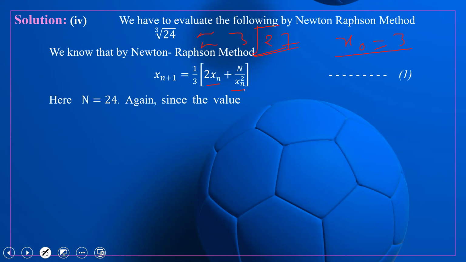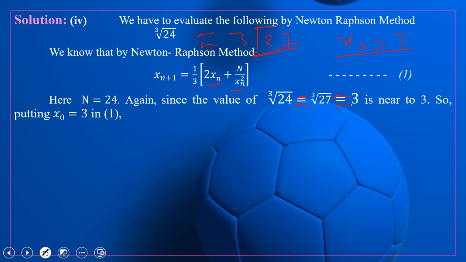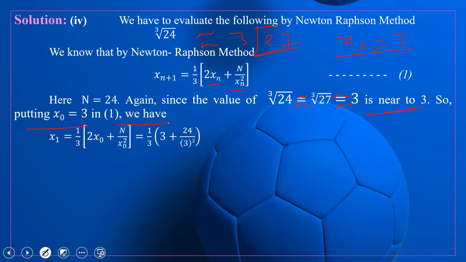Since the cube root of 24 is very near to the cube root of 27, this is an approximate value. So putting x0 equal to 3, we are getting x1 equal to 1 upon 3 times (2x0 plus n upon x0 square). Here x0 is 3, so 2 times 3 is 6, plus 24 upon 3 squared.